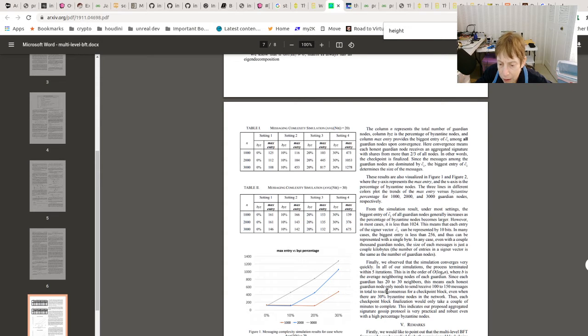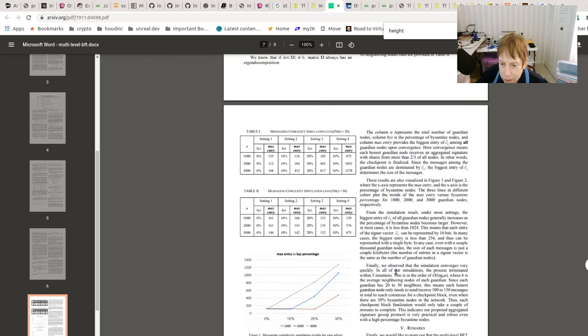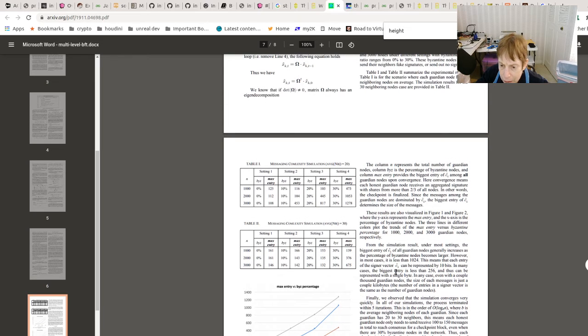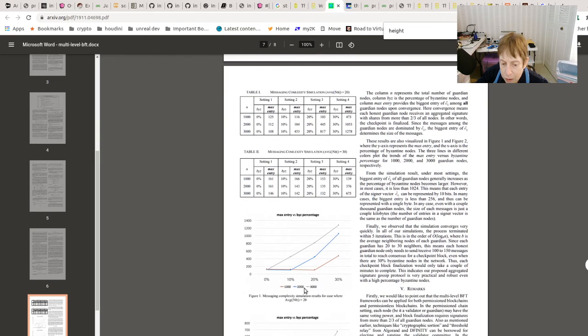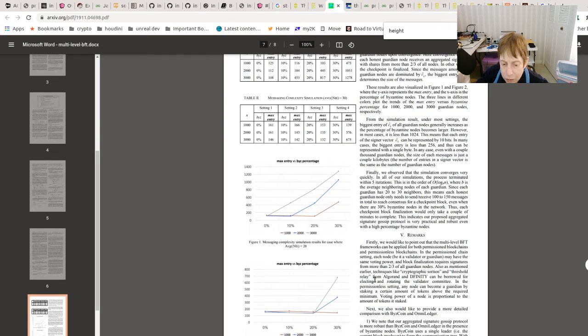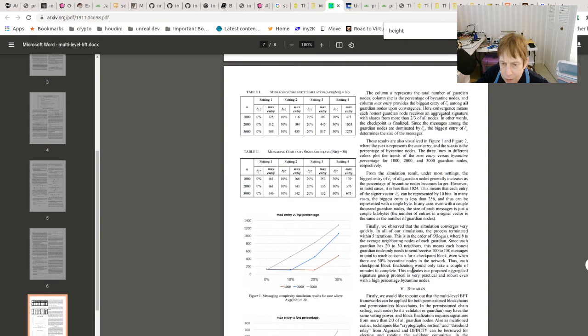But in essence, what they found is they were greatly reducing the number of messages. Even with these numbers of nodes, they were able to do things in roughly, I think, 5 iterations, they said.